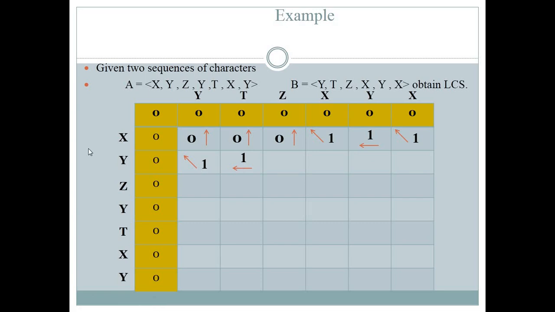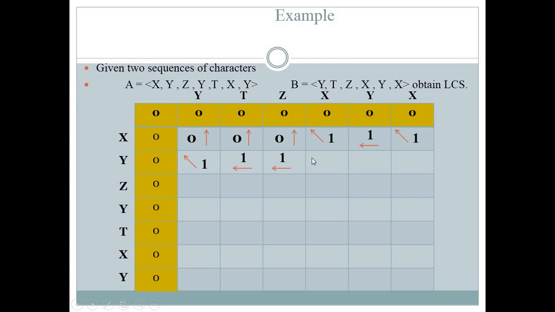After it we will check z and y. In that case y and z are not matching. Of the above value and left hand side value, the left hand side is greater. So we will put 1 and an arrow with the reference of the left hand side value.